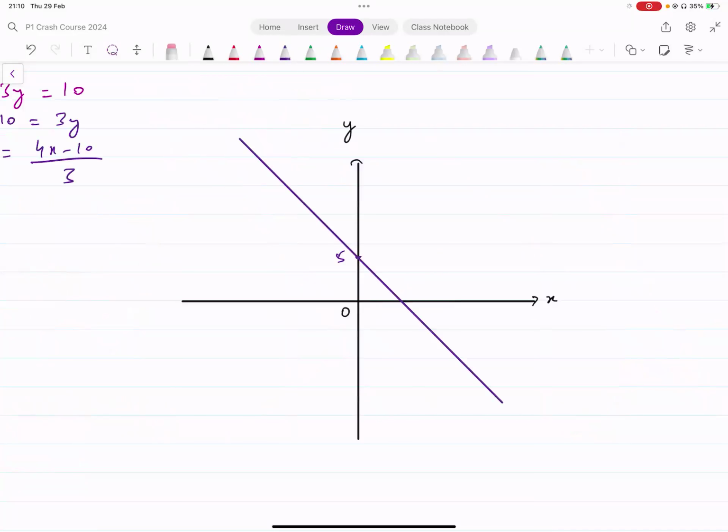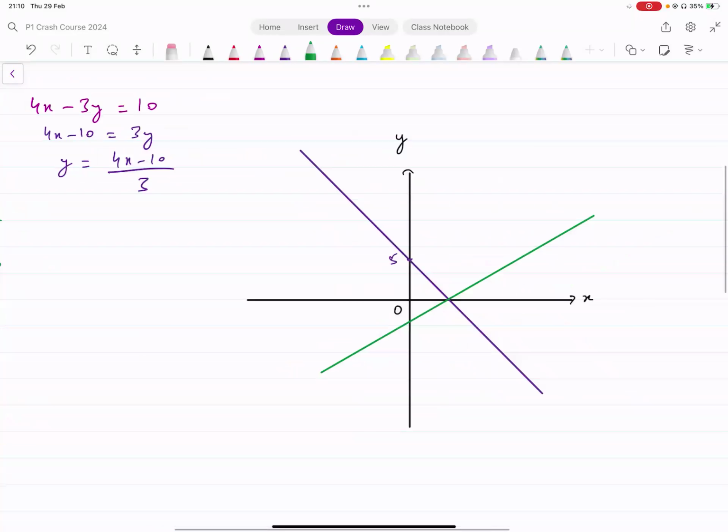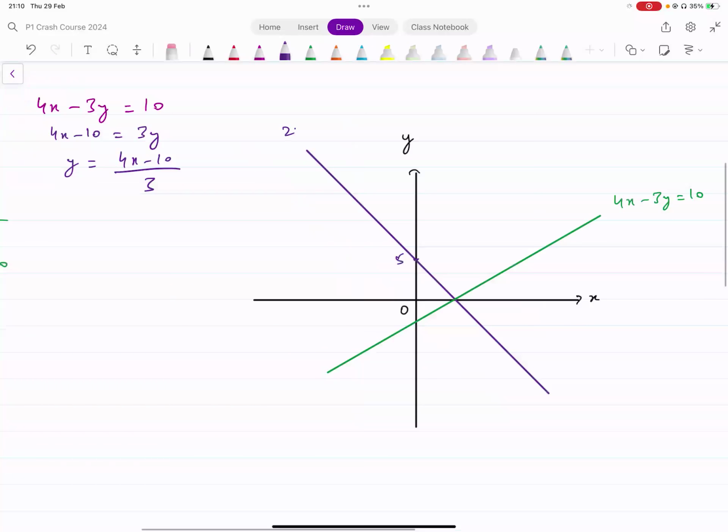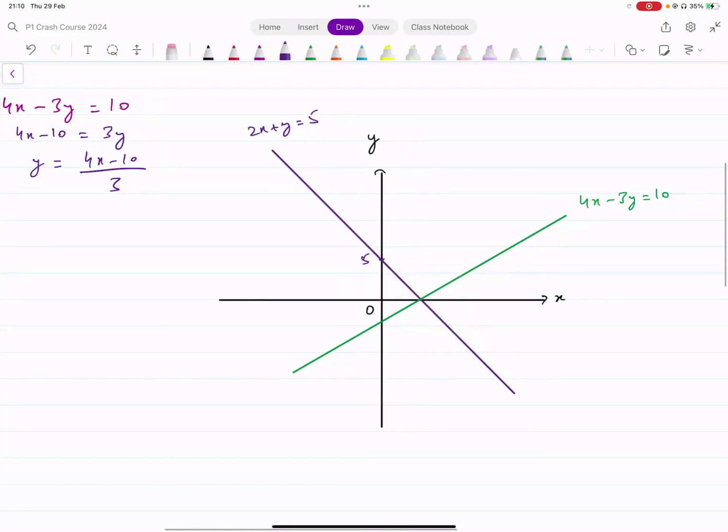The other equation looks like this actually. So this is what the two equations look like. The second one is 4x minus 3y equals 10, and the first one is 2x plus y equals 5. Okay. These two equations intersect at some point.